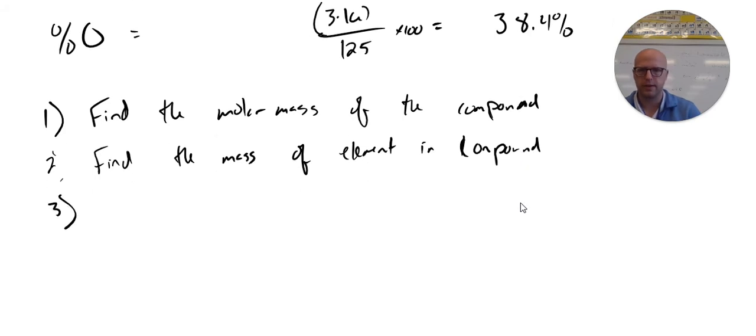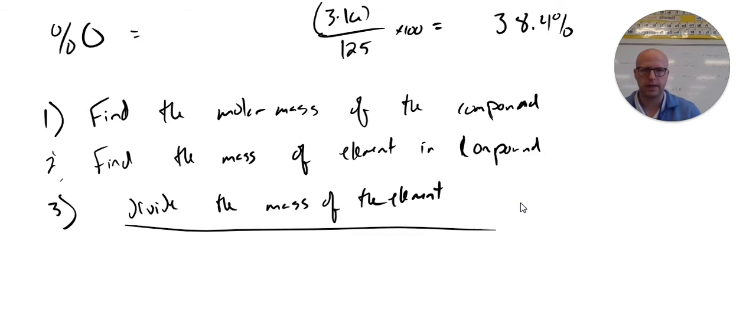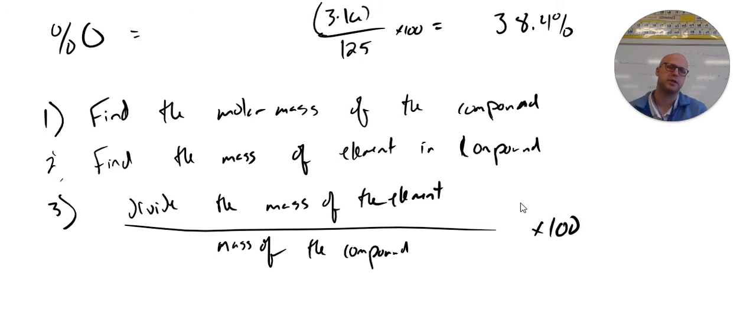And your third and final step is divide the mass of the element by the mass of the compound. And you multiply that by 100, and that gets you your percentages.